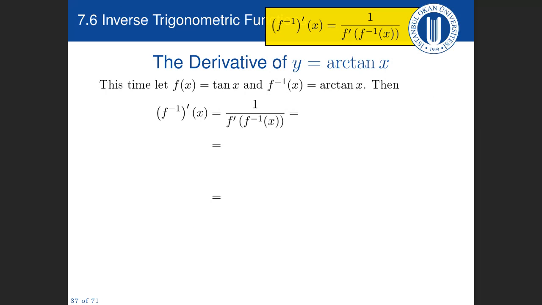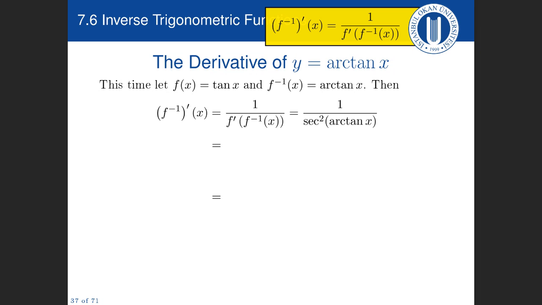Now let's find the derivative of y equal to arctan x. This time we're going to use the yellow formula with f of x equal to tan x and f inverse of x equal to arctan x. The derivative of tan is sec squared, so we get 1 over sec squared of arctan x.